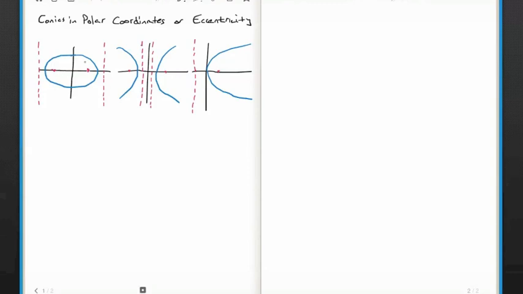We can draw a directrix. Yesterday we only talked about the directrix for the parabola, but really we could draw a directrix for any one of these.